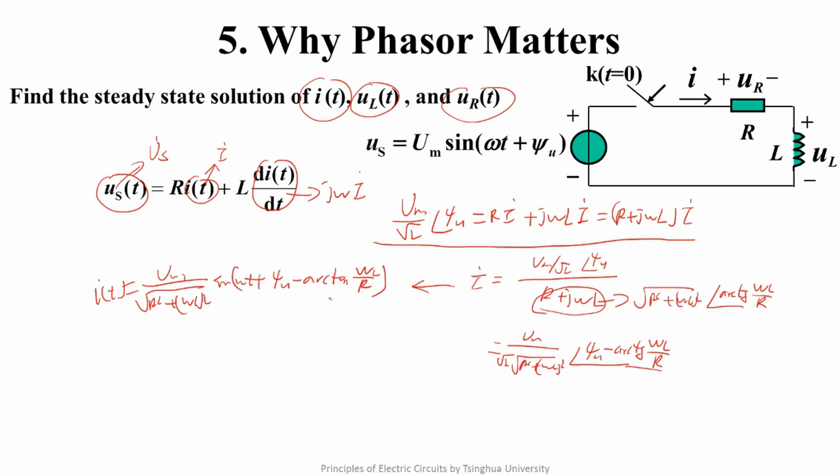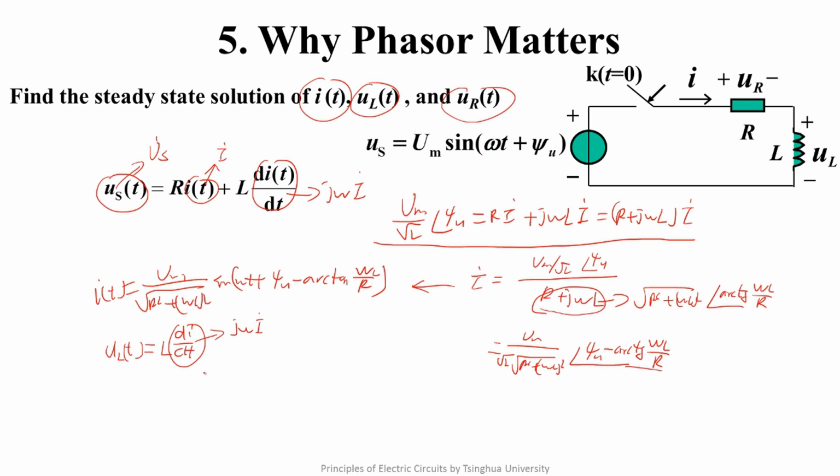By comparison, you will find it's the same as the previous result. Previously, we needed to differentiate the sinusoid to get u_L(t). The differential of a sinusoid corresponds to jω times the sinusoid in phasor form.